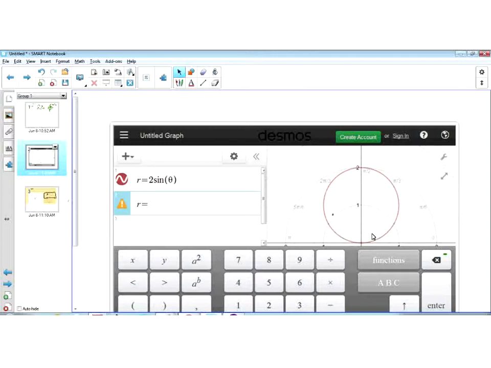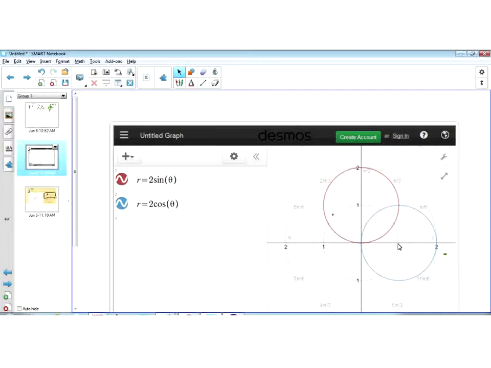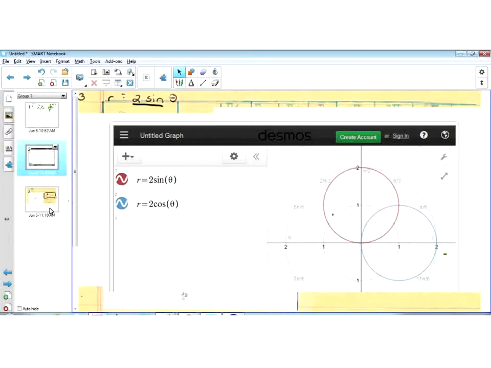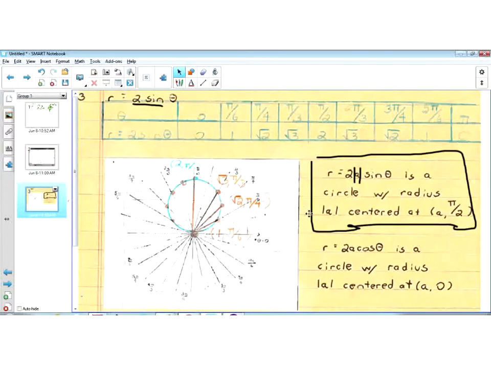So compare and contrast: r is equal to 2 cosine theta, shown in blue. As you can see, it's the circle centered at 1, 0 of radius 1. So the two circles, sine theta and cosine theta, translate into circular plots in the polar plane. So that's one facility that you should have now for graphing the basic polar equations.